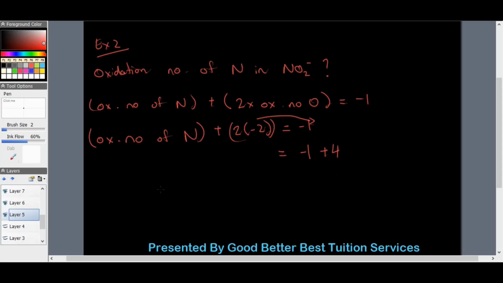Therefore, the oxidation number of nitrogen is equal to positive 3. If I perform a check, positive 3 plus minus 4 gives 3 minus 4, which is equal to negative 1. I know this answer is 100% correct.